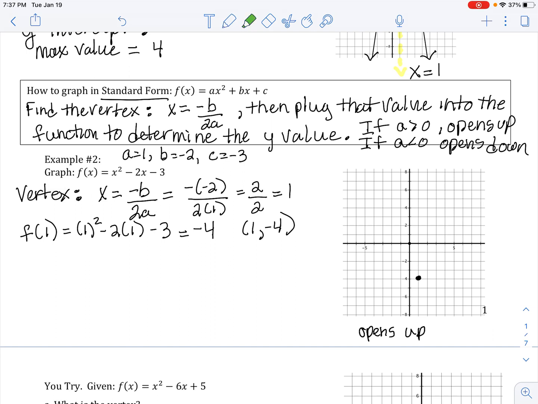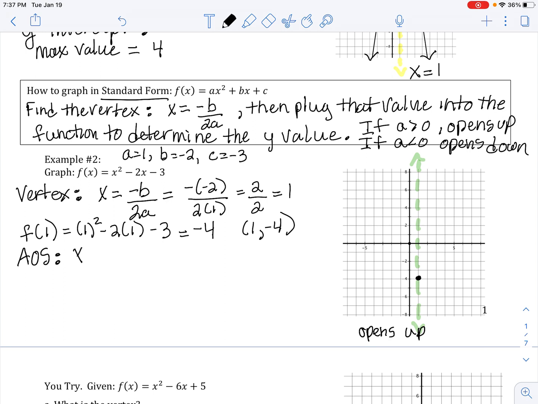Okay, let's draw in our axis of symmetry. So our axis of symmetry is going to be this vertical line going through, it's still green, so I'll just leave it at green. The vertical line going through the vertex. So my AOS, you'll see me abbreviate that, is the vertical line.